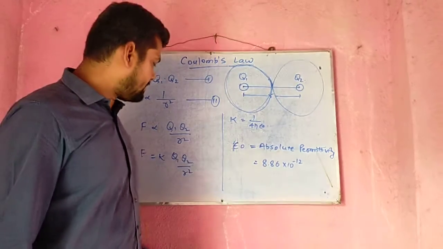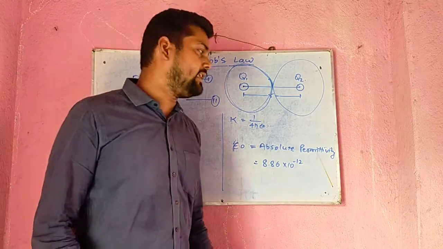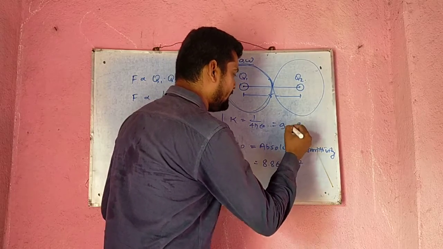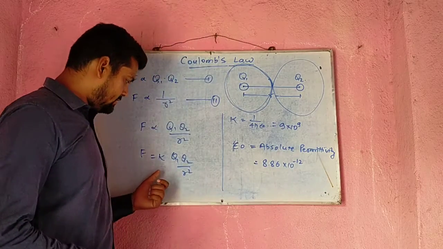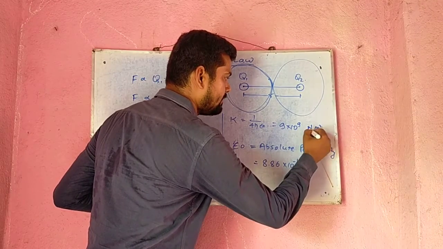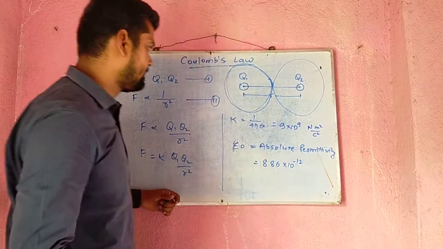And this k, that was a constant, also has some value, equal to 9 into 10 to the power 9. Talking about the units, it is Newton meter square per Coulomb square.